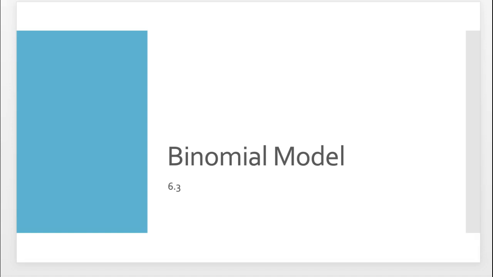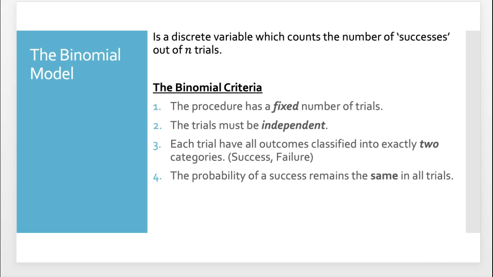If we're counting the number of leans to the right over 20 couples, that follows the binomial model. So remember, normal was a continuous model, but the binomial is a discrete variable, which counts the number of successes out of n trials, right? So we're counting the number of tilting head to the right out of 20 kisses, let's say.